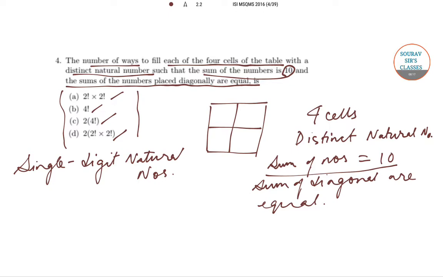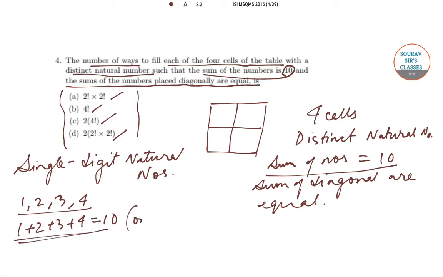So the only possible combination that can occur is if we consider the numbers 1, 2, 3 and 4, since we know that 1 plus 2 plus 3 plus 4 is equal to 10. So this is the only possible combination that comes to mind.